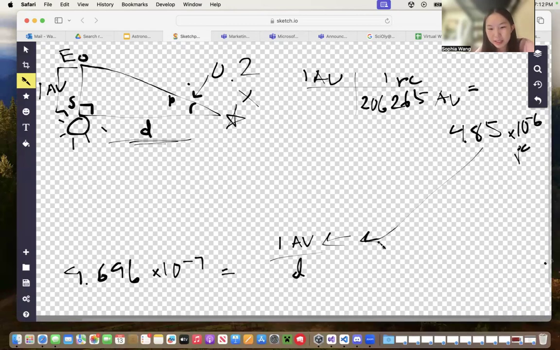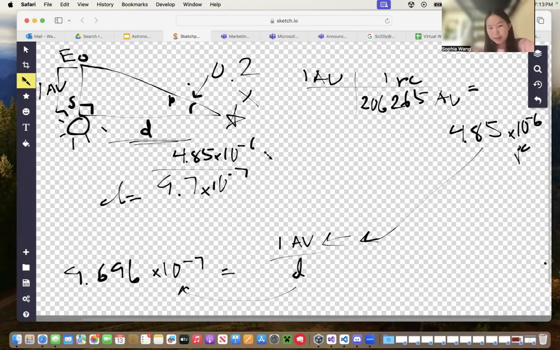So we're going to plug that in. If you multiply d to the other side and then divide by this, do you guys want me to write that? I'm going to write it out. So d equals 9.7 times 10 to the negative 7th. Oh no, that should actually be under 4.85 times 10 to the negative 6th.